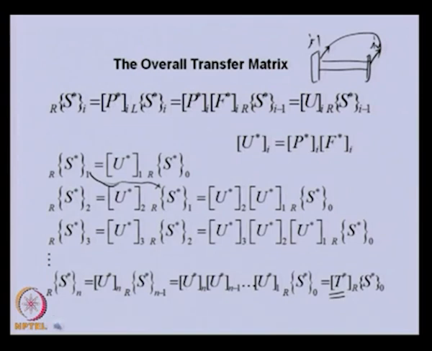If we want to plot the linear displacement, we can pick up various linear displacements from various state vectors and plot them, or if we want the angular displacement, we can pick them up from these state vectors. So, we have seen how to obtain the natural frequency and the mode shape.